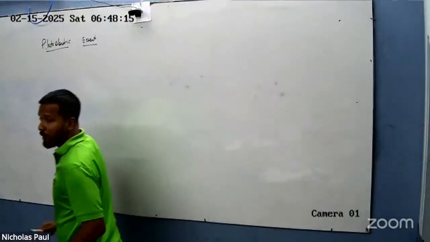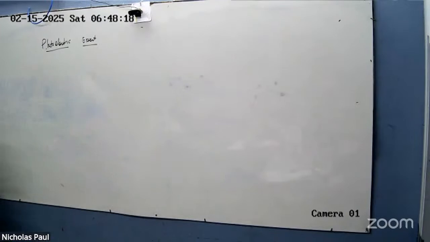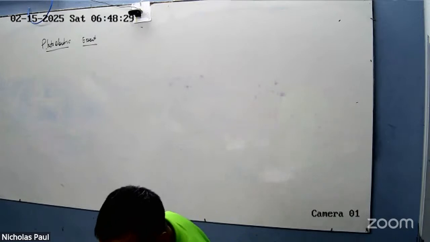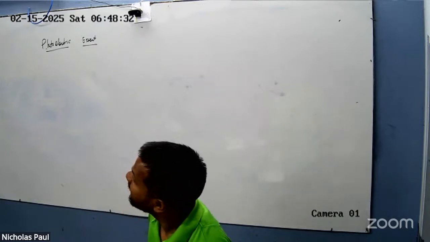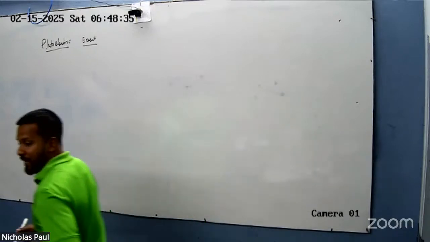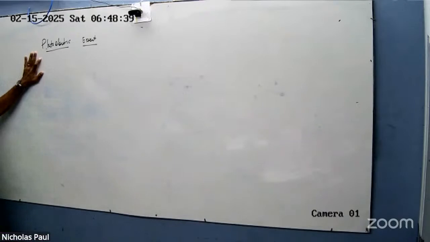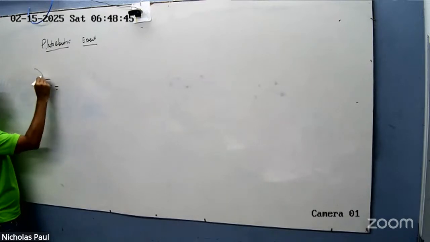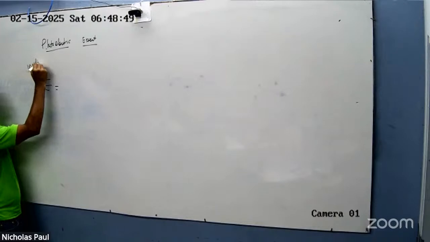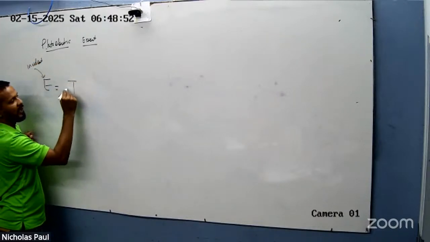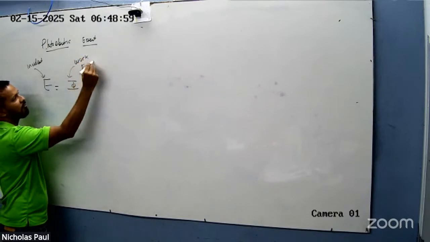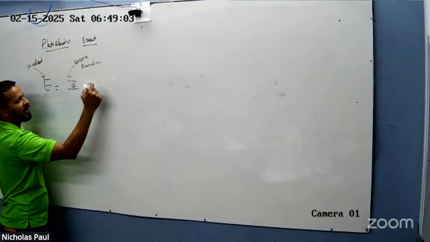Right, so if we had to summarize the whole photoelectric effect, we could have just said this: the energy supplied by the incident radiation goes towards breaking the bonds of the electrons, which we call the work function, and the remaining energy acts as kinetic energy.